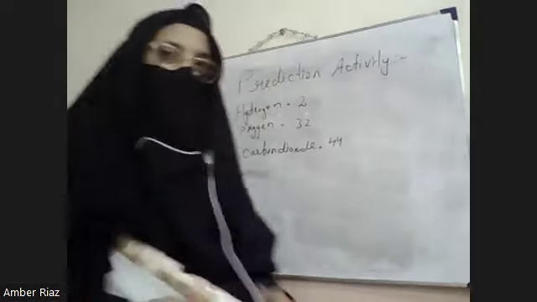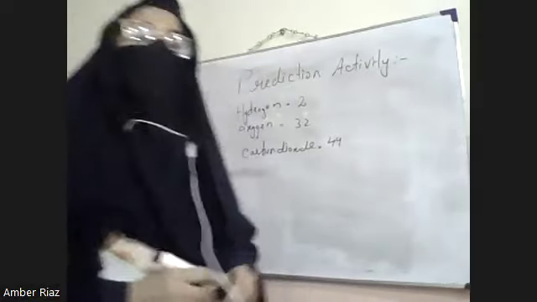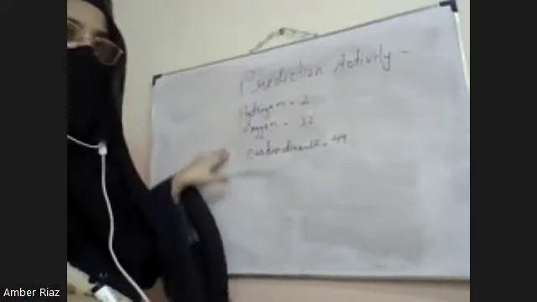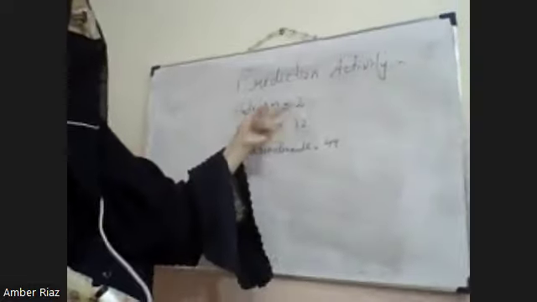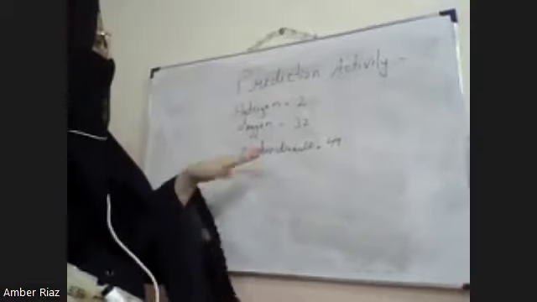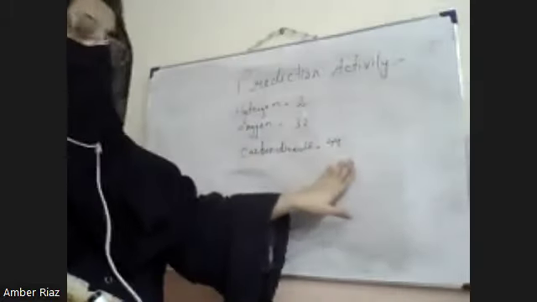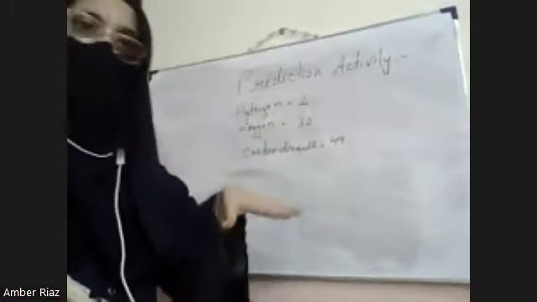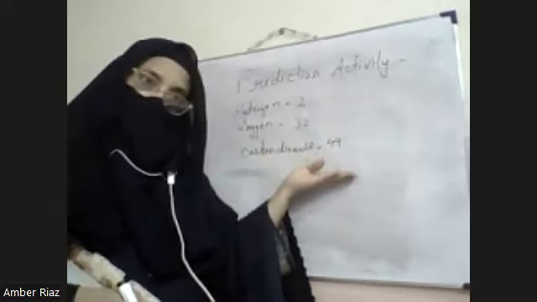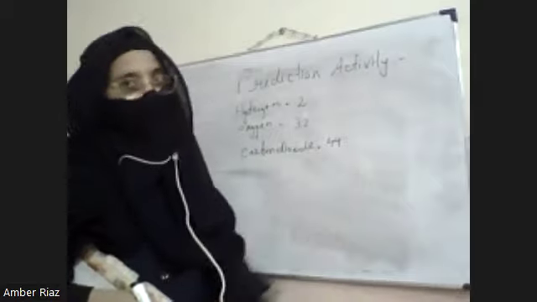What's the reason behind that? Because hydrogen is lighter, because it has lower molecular weight, and carbon dioxide diffuses slower because it has a high molecular weight.